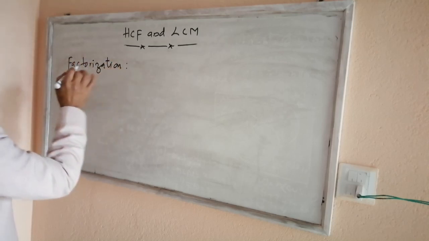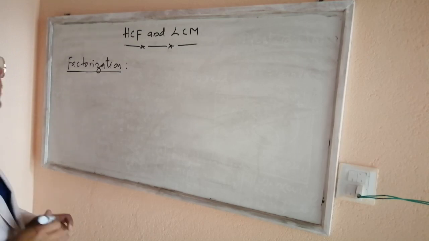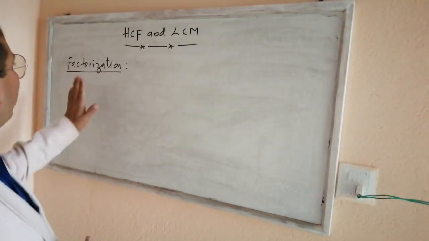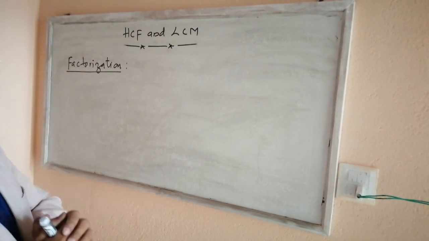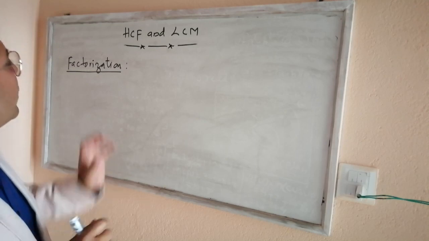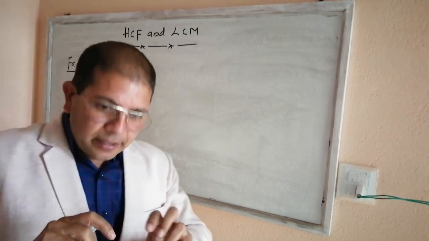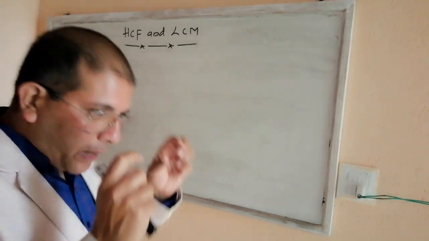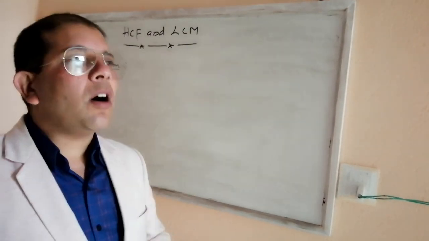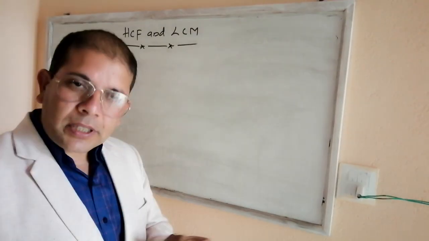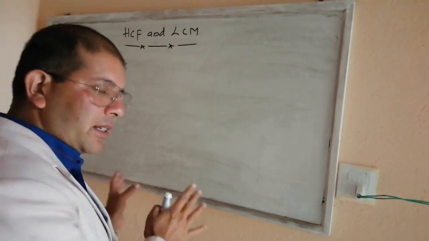You must know the definition of factorization, then you can do factorization. So factorization is the process of solving an algebraic expression to express it in the form of product. If you express a number or an algebraic expression in the form of product, it is called factorization.